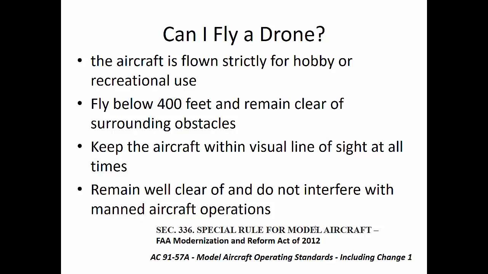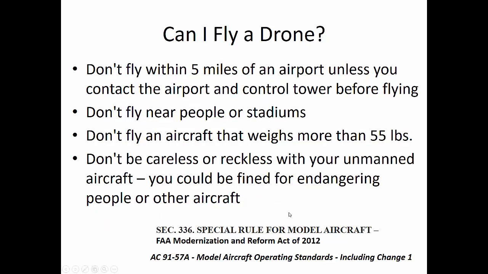I think that's just a safety consideration. And you do not want to interfere with any manned aircraft. That's part of the reason that 400 feet is in there. Usually an aircraft is most commonly above that, except for when they're landing or taking off around an airport. So again, this is recreational purposes.